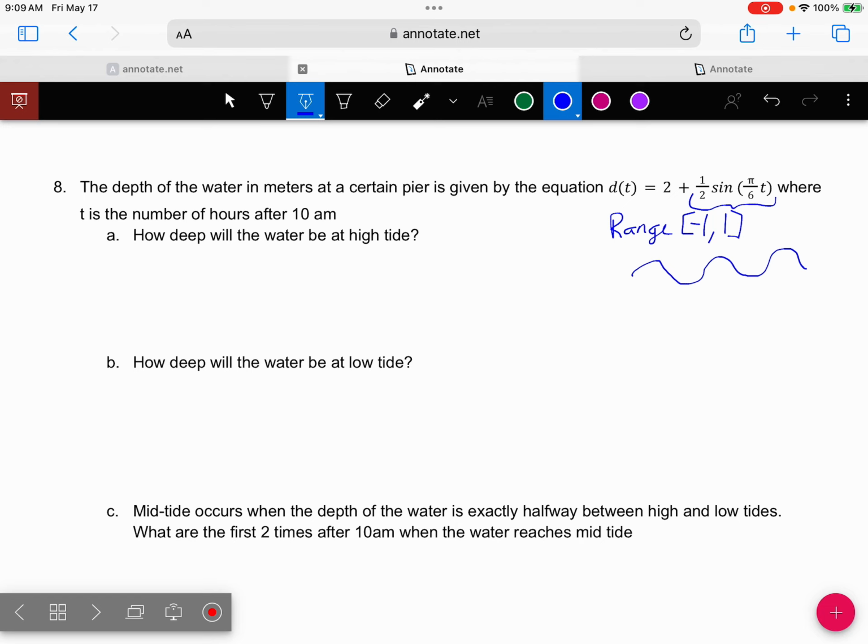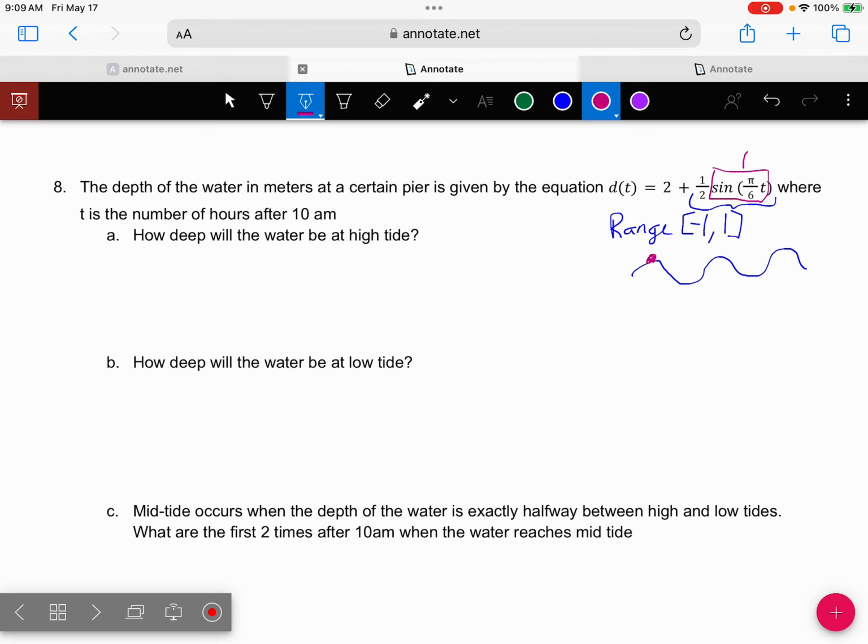And so what they're asking about for part A is how deep the water will be at high tide. So we're thinking about the kind of maximums here. So what is the maximum value on a sine function? 1. So this piece at maximum is going to be 1.